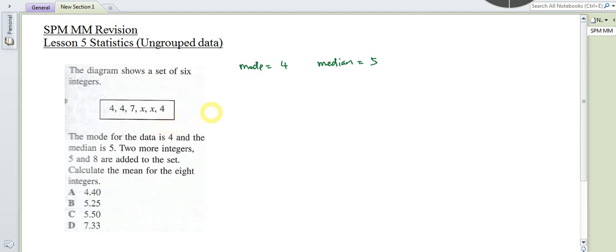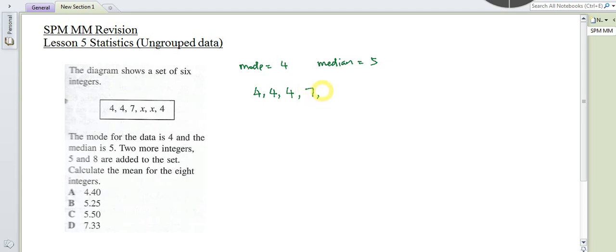So the first thing to determine is the value of x. We try to arrange all the data first. I have three 4s here. Now the problem is, where should I place the x?